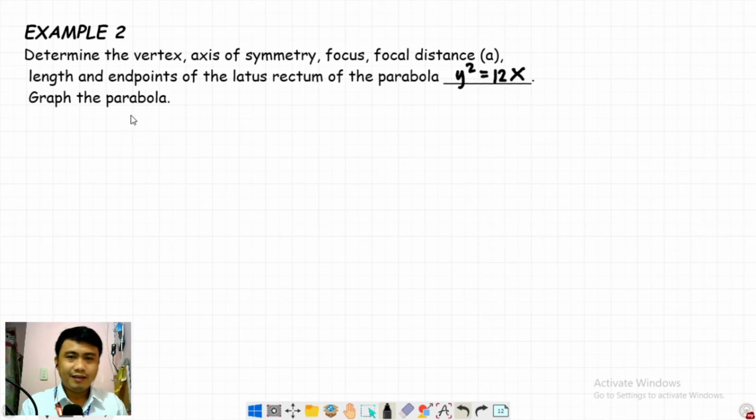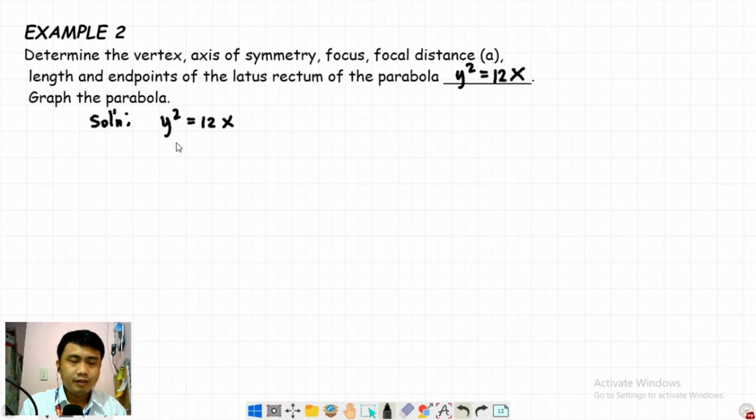Pero ang ginagawa natin, na-graph na natin agad na. Okay, since we already know that, of course, if ganito ang itsura ng ating equation ng parabola, automatic the vertex is 0. Kasi wala tayong h. Okay, so solution. Kaya yung pinakauna nating ginagawa, we are going to solve first for A, the focal distance.